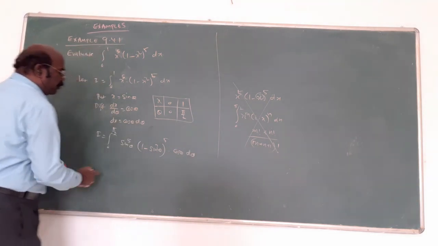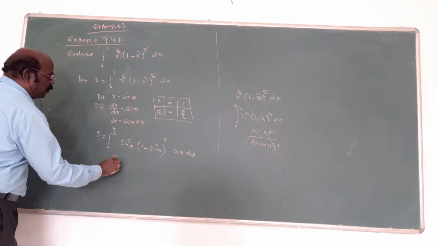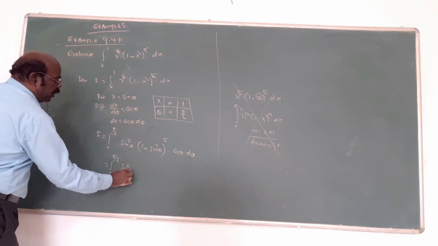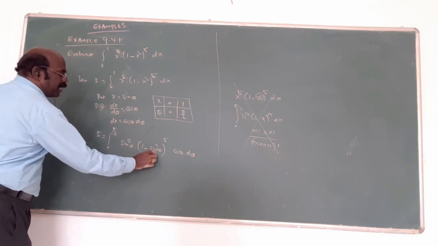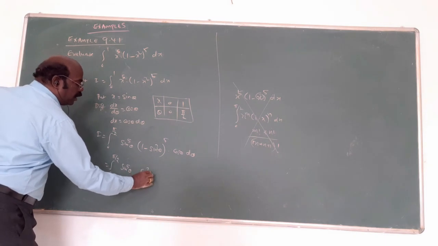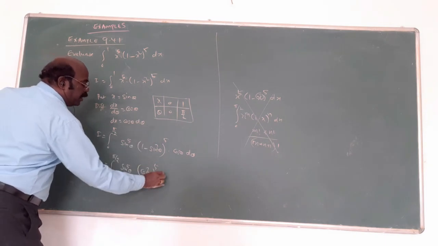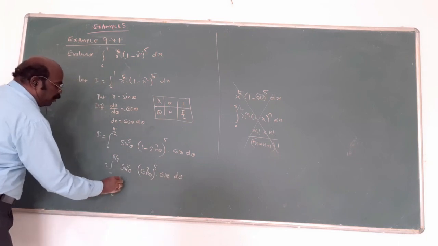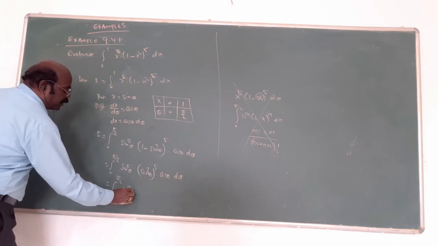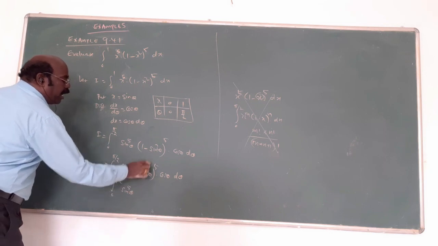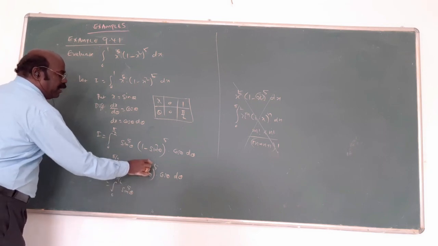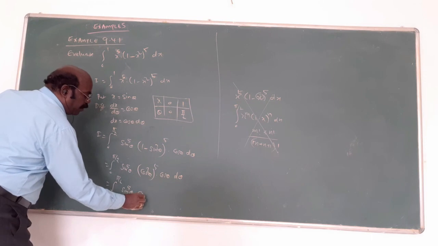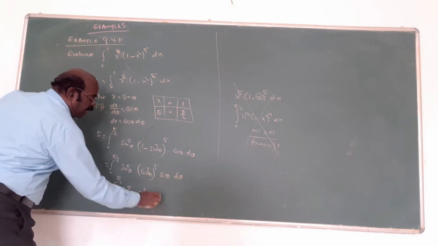Once again, 0 to pi by 2 sin power 5 theta, 1 minus sin square theta is cos square theta, whole power 5, into cos theta. That gives sin power 5 theta cos power 10, plus the extra cos, so cos power 11 theta d theta.